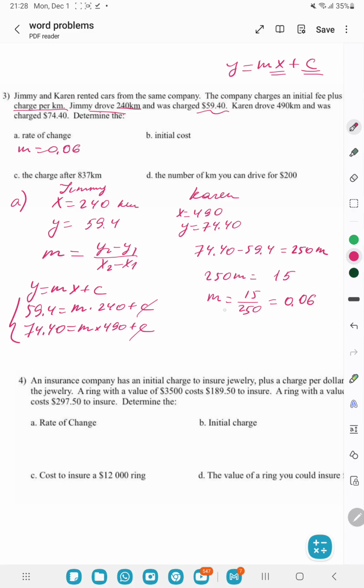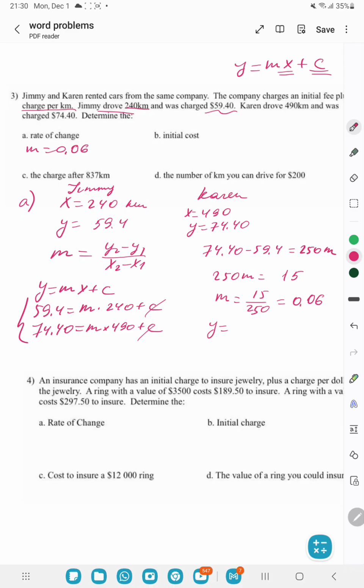Now, the initial cost. Let's rewrite our function: y equals 0.06x plus c. So what is our c? We don't know yet. We should find the initial cost here, when x is 0. To find c, we will use either of these values, it doesn't matter. So let's use Jimmy's.